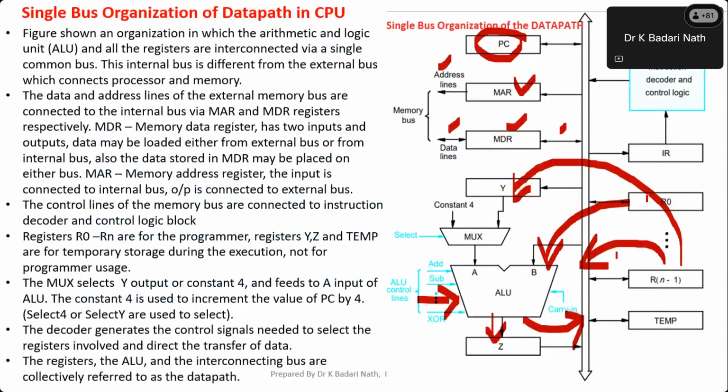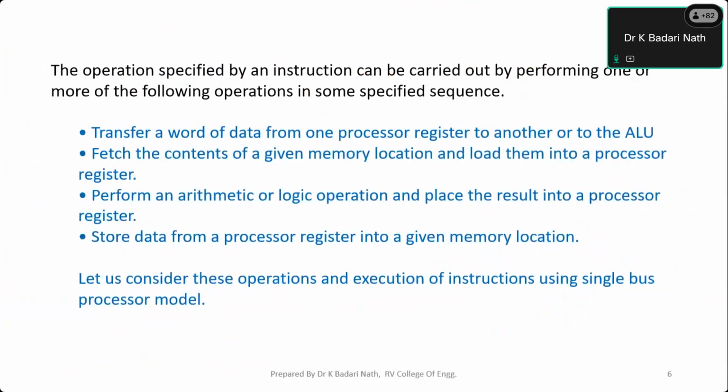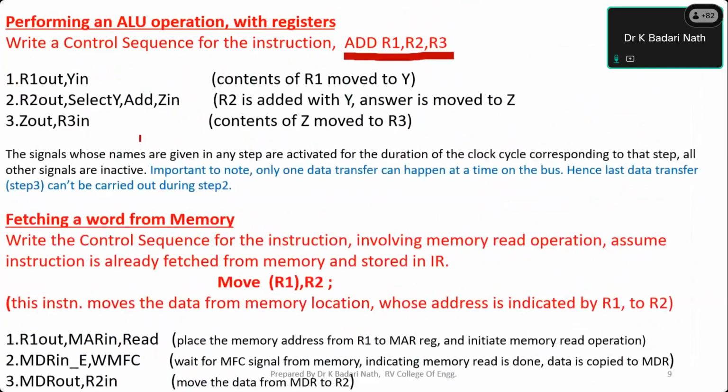So R1 contents, first we have to bring into one of the temporary registers, the Y register. Then I can read R2, then I can perform an operation, then I can keep the answer in the R3 register. This same sequence we have followed here. First R1 out, Y in. That means one of the operands required for addition, I am keeping in the Y register. So R1 out means what?